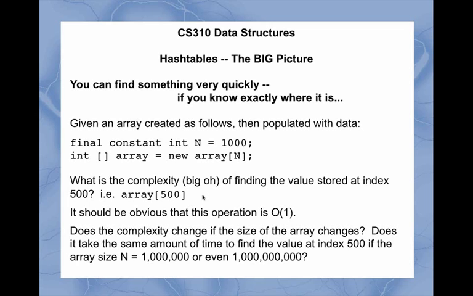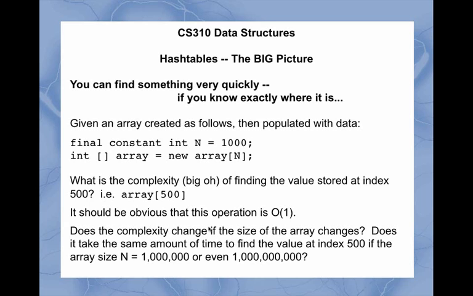So given the index, if you have the index and you know what it is, what does it take to look up an array element? Well, the answer is that lookup is virtually instantaneous, and it's big O of 1. I think it should be obvious that the size of the array has nothing to do with the amount of work required to locate that element if you have the index.